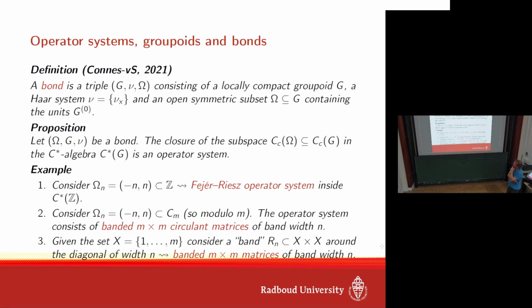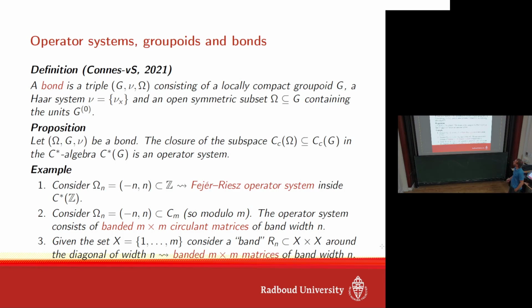Okay, so let's look at the other case for which we also developed some general framework, but I will make it very concrete in a moment. So we look at groupoids, locally compact, so quite a general context. And you take what we call a bond, which is like a neighborhood of the diagonal in a pair groupoid. So this is what you should be thinking about. And later on, this will be very concrete for the pair groupoids. So you take some subset that contains the units, but is symmetric.